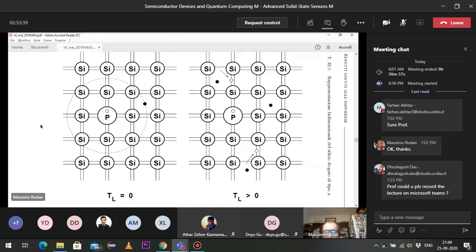So the number of electrons released by phosphorus atoms not only is dominant with respect to that of the electrons released by the silicon atoms, but also is independent of temperature, because in typical situations, 100% of the dopants release one electron.